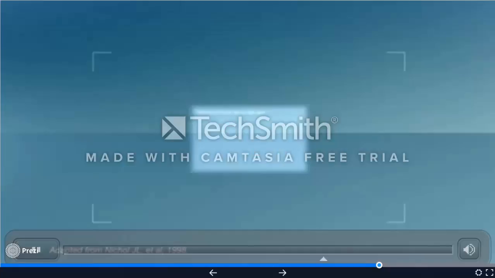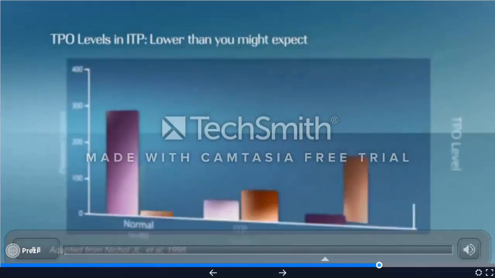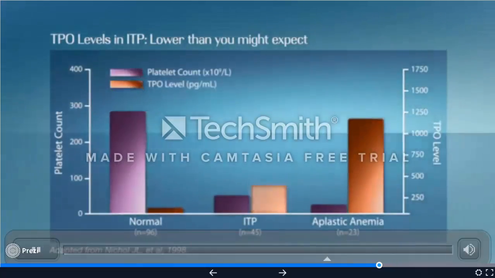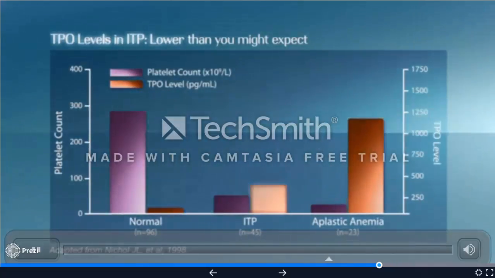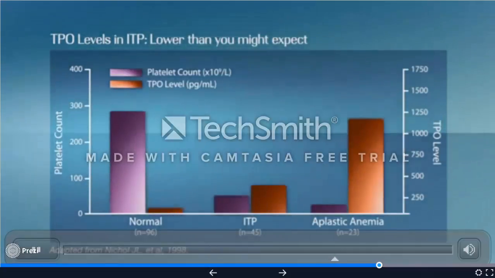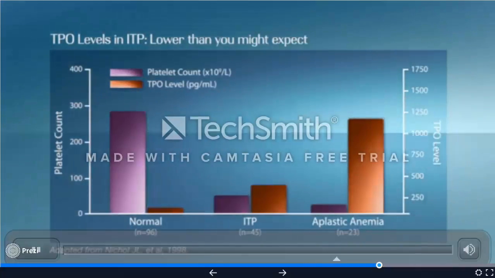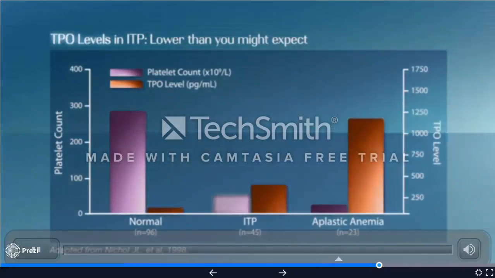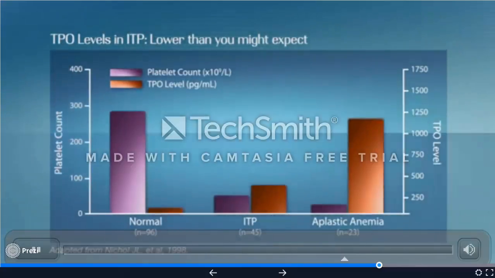Furthermore, studies within the last 15 years revealed that the level of TPO does not appear to significantly increase in ITP patients as one might expect. Indeed, contemporary research suggests that ITP may also involve decreased or ineffective platelet production.